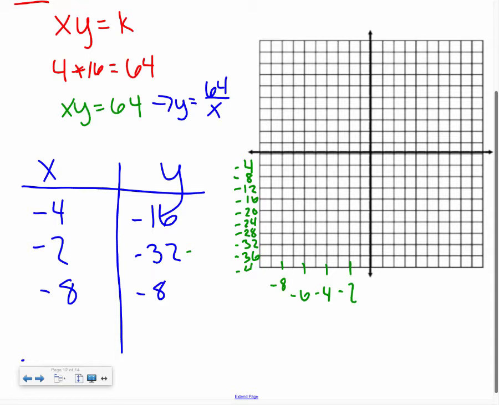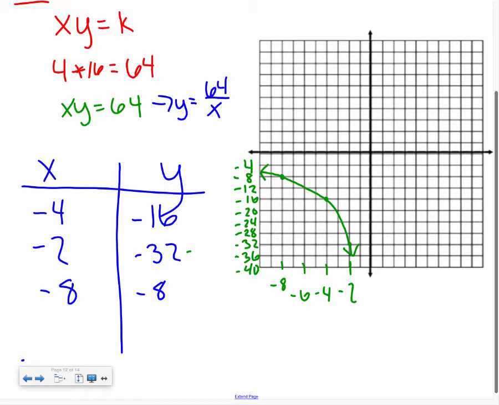36, and 40. Okay, so if I plot these points, -8, -8 is one of them. -4, -16, and -2, -32. So as you can see, it kind of does a curve like this.